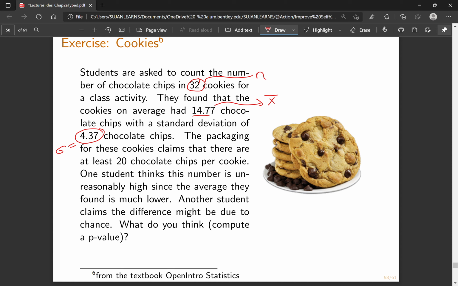As we saw in the problem statement, some people thought there is a possibility that the low number of chips in the cookie occurred because of variability. Now we have to answer our question: is this due to chance, or is this actually false advertising on the box? How should we go about it?